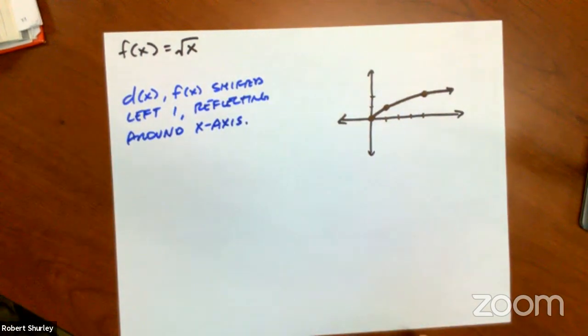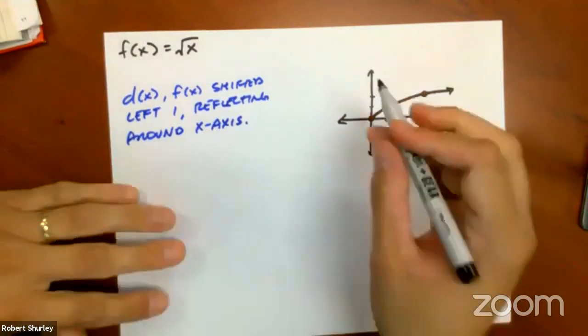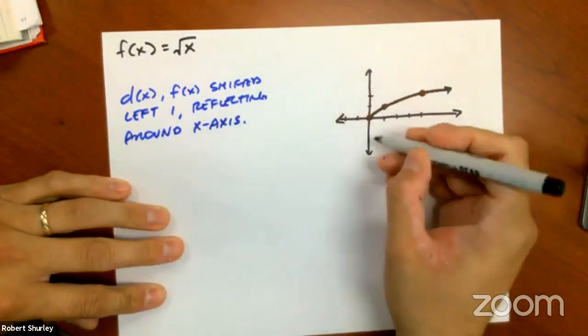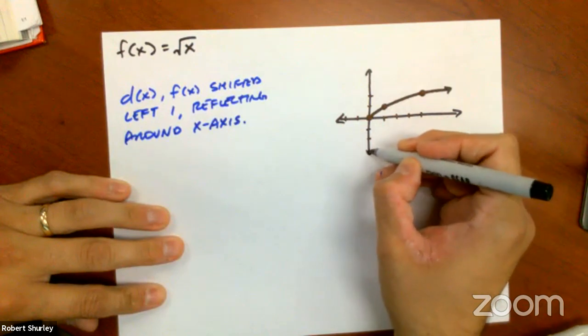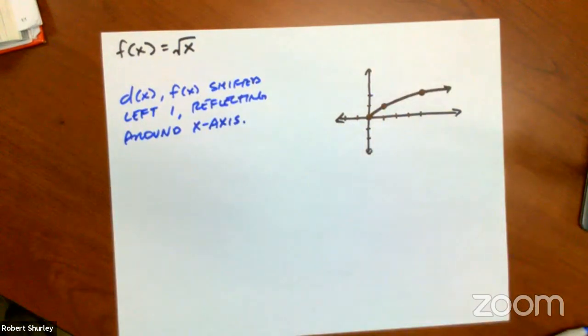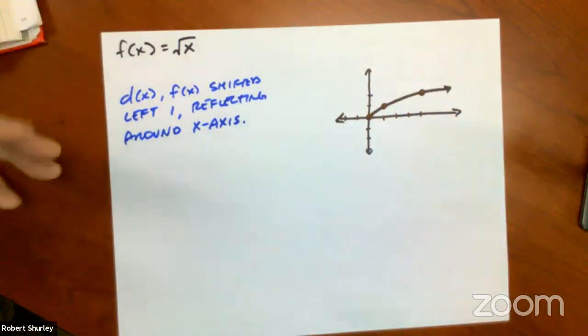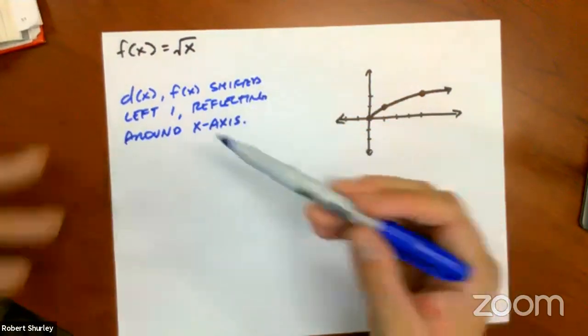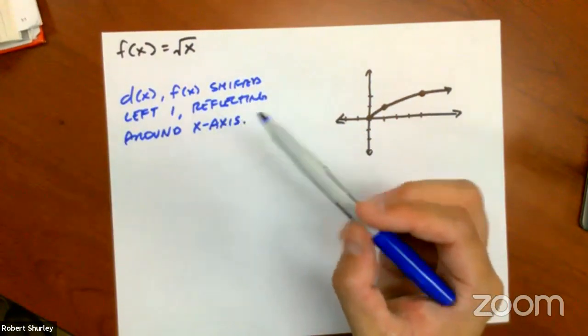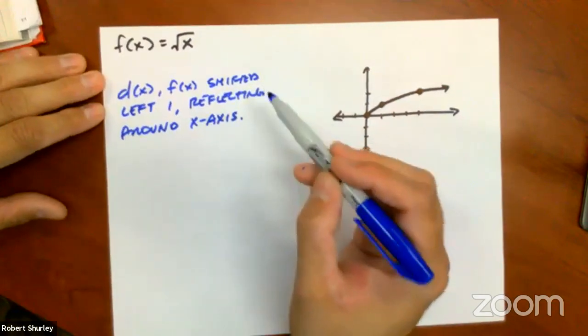It's going to go to the left 1 and then it's going to reflect around the x-axis. So let me give you some more digits here. Now, I'm going to find the equation for this, kind of like the ones I asked you a little bit ago. So I'm going to develop this equation.